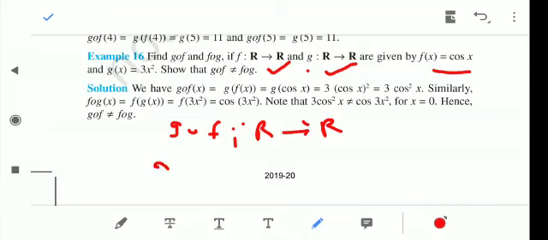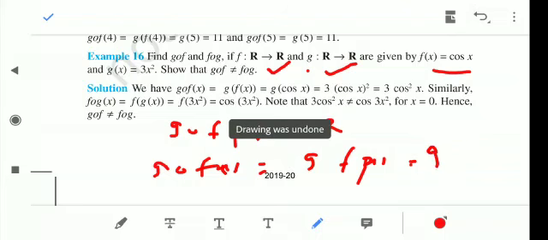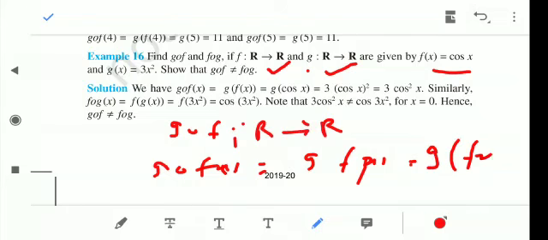And gof(x) equals, we know, g of f(x). And what is f(x) here? f(x) is given to you as cos x. So g of cos x.